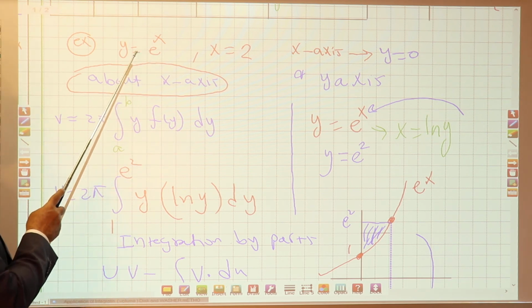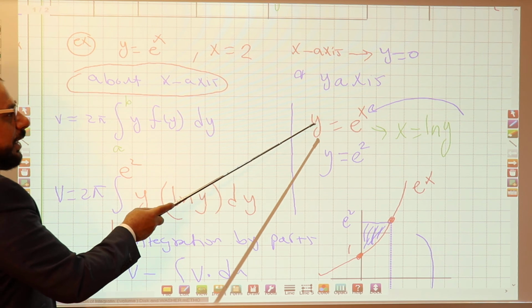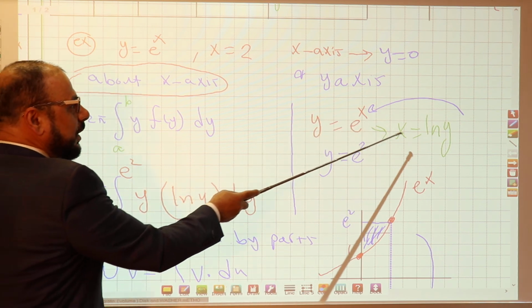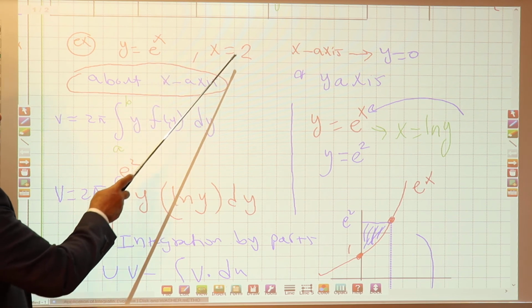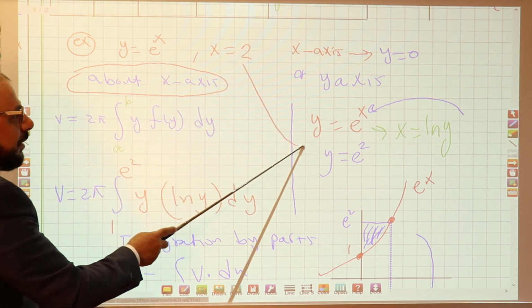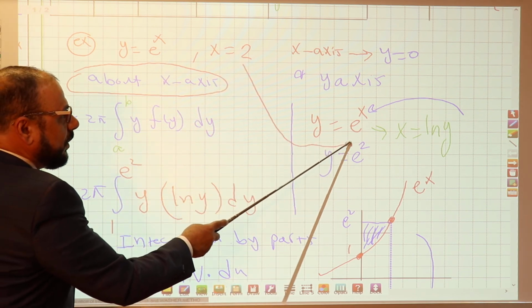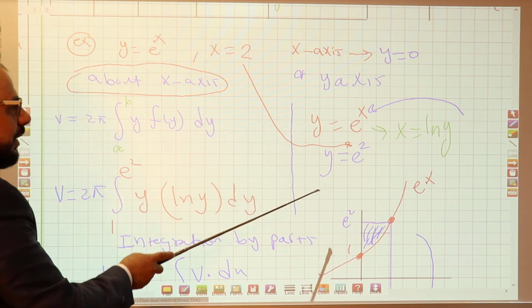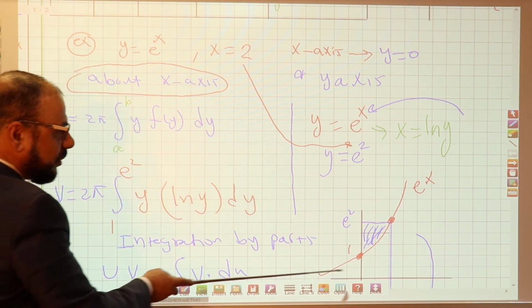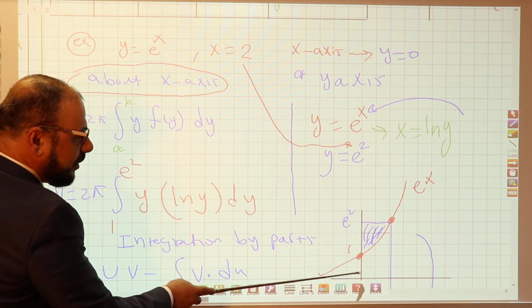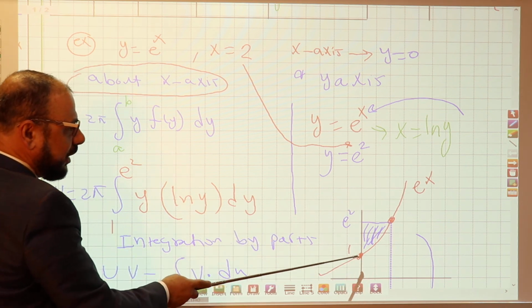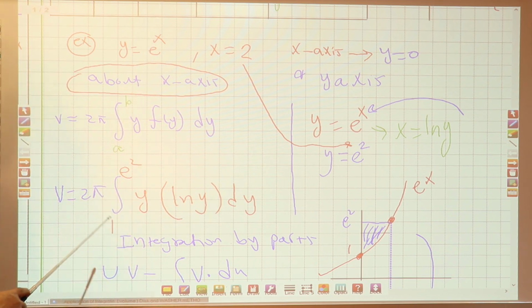The function is solved for x: x equals ln y. When x equals 2, y equals e squared. The intersection between the y-axis and the function y equals e to the x is 1, so my integration is from 1 to e squared of y ln y dy.